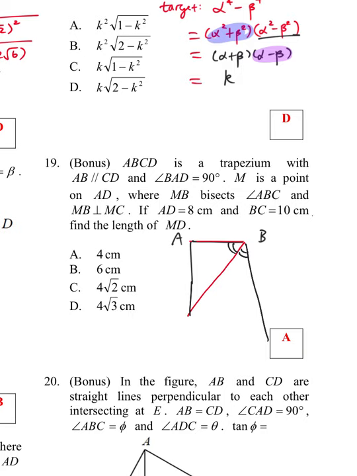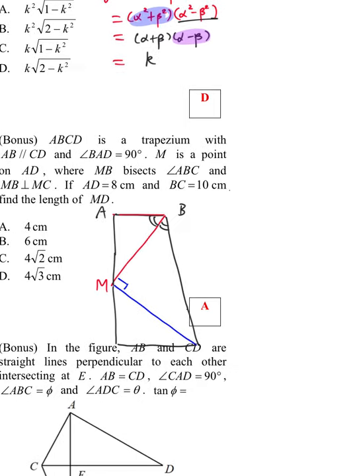It also requires that MB be perpendicular to MC, so now you try to create a right angle. Actually, drawing an accurate diagram requires some skill that you have to figure out by yourself.